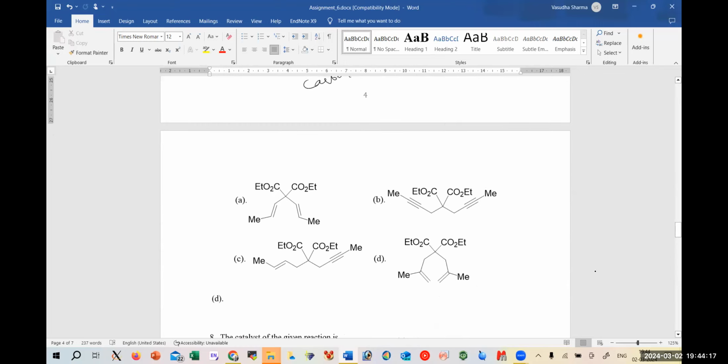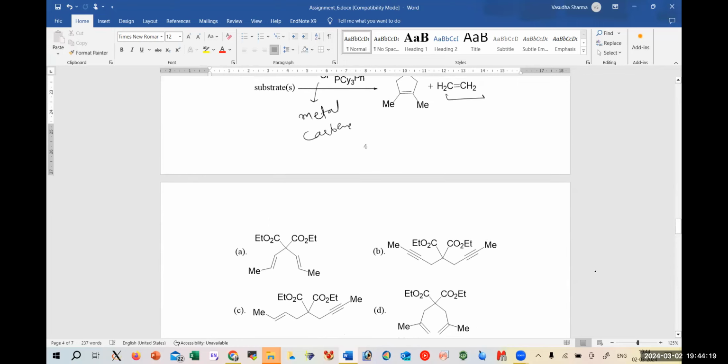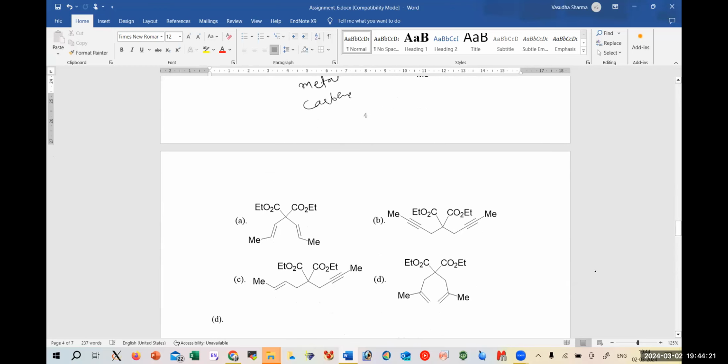So the option D is your right option, where these two combine. If this is the case, then these two have to combine, which is not possible. So the option D is the right option.